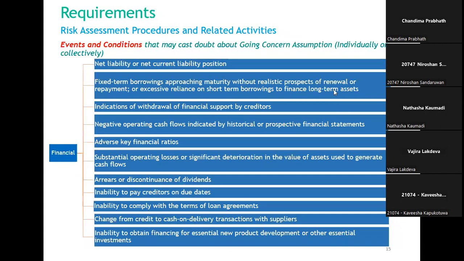Now, these are certain events or conditions that may cause doubt about the going concern assumption, either individually or in aggregate. Net liability or net current liability position. Now, Sri Lankan Airlines, both are there.